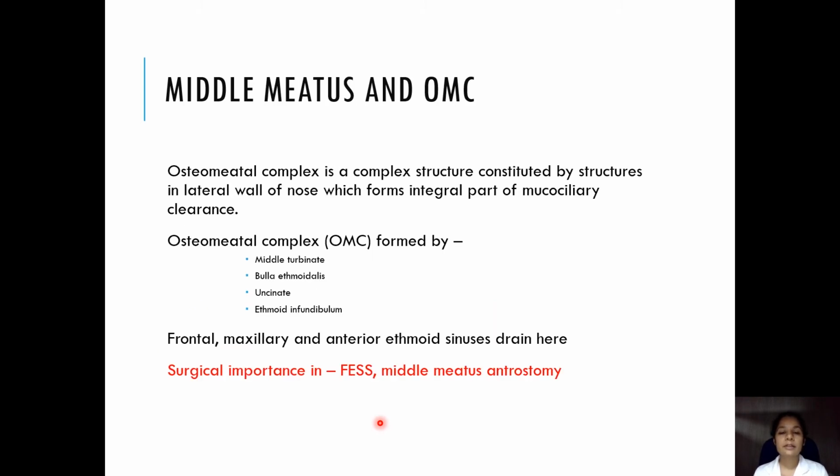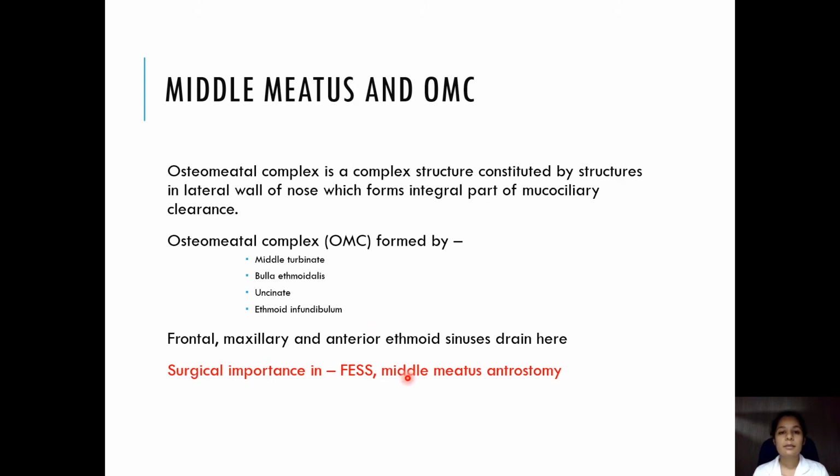Lateral to the middle turbinate is the middle meatus and the osteomeatal complex. So now osteomeatal complex is a complex structure constituted by various structures of the lateral wall of nose, and it forms an integral part of the mucociliary clearance. It is formed by uncinate, middle turbinate, bulla ethmoidalis and infundibulum, that is the ethmoid infundibulum.